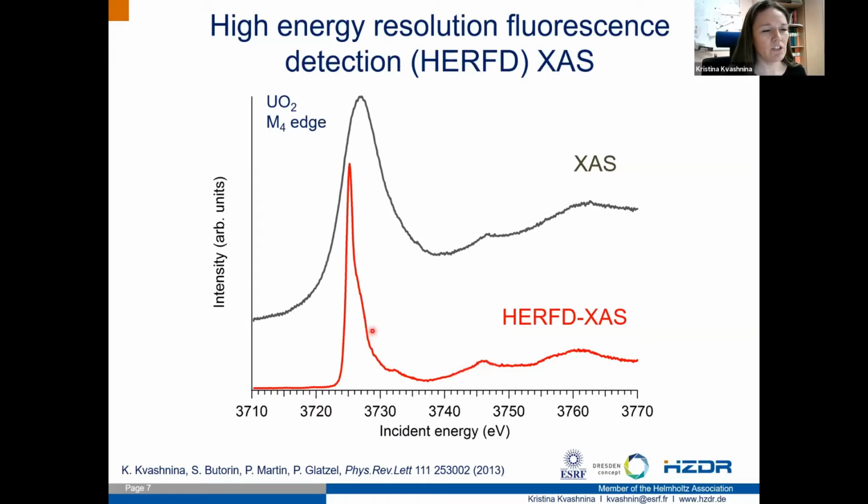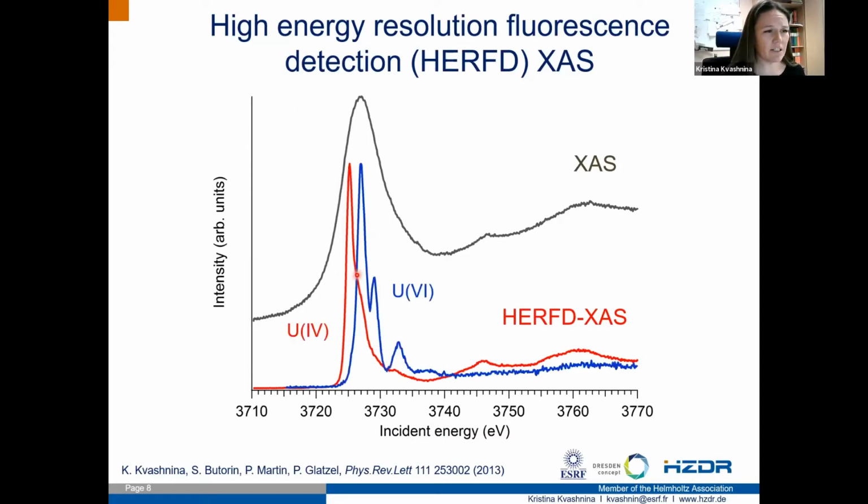We see that the sharpening effect is so dramatic that the absorption feature became very sharp, so sharp that you can easily distinguish between different oxidation states. If you had uranium-6 compounds with exactly the same broadening as on the curve above, it would be very hard to distinguish uranium-4 from uranium-6.